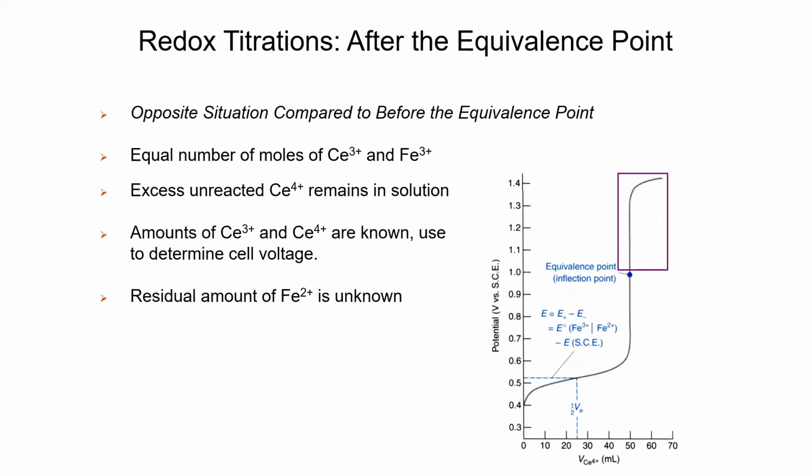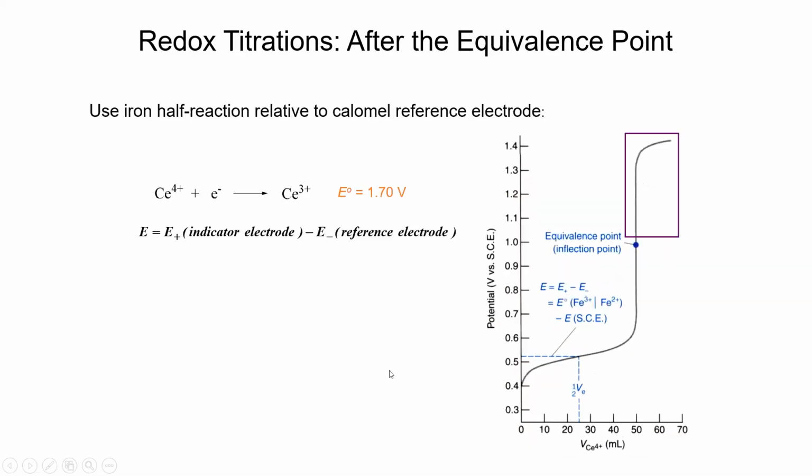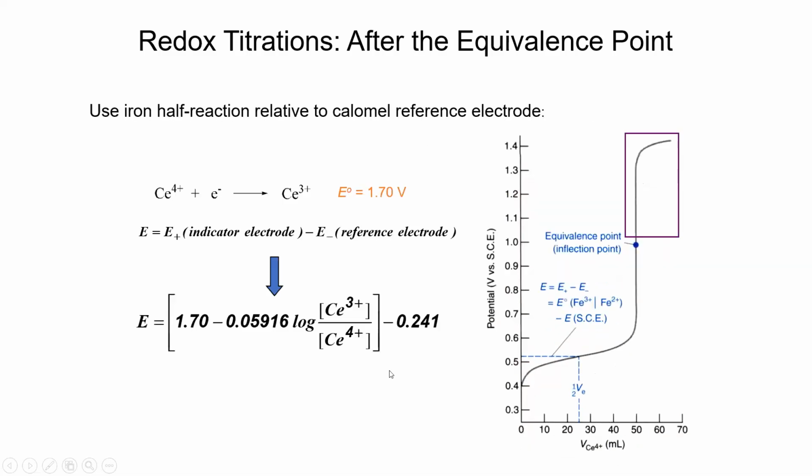Then we have the post-equivalence point, and you have more of your Ce4+, because the iron 2 is all oxidized to iron 3. You have iron 3 and cerium ion, and we have excess cerium 4 in solution that has not reacted. And you can also calculate that, and subtract the reference electrode from it to get your final electrode potential.